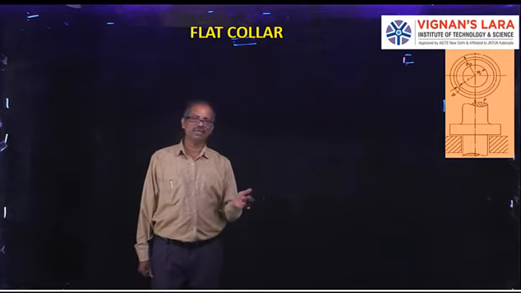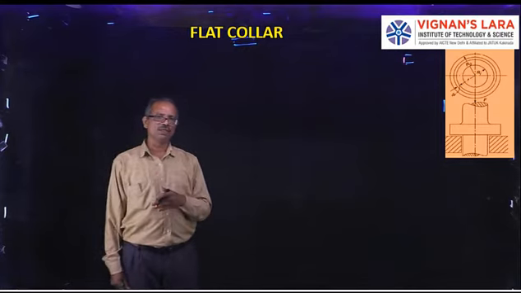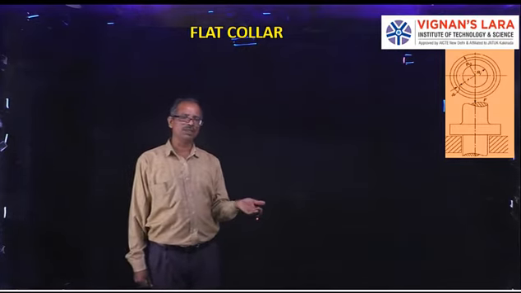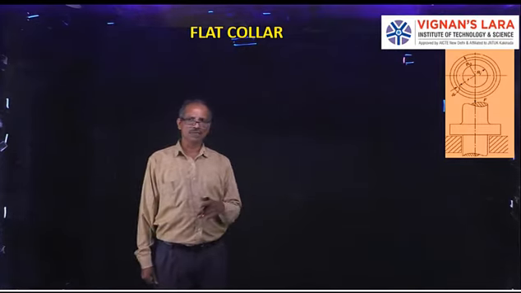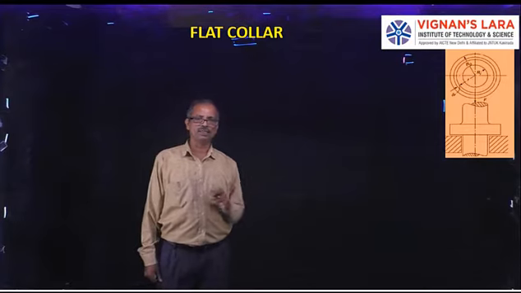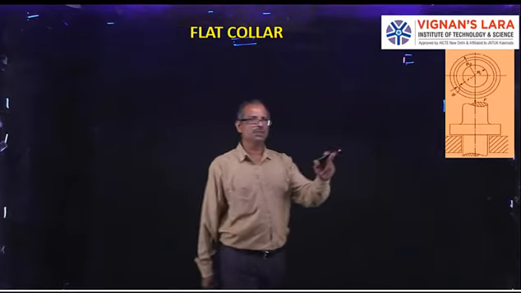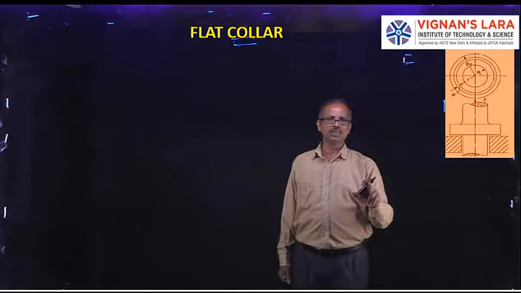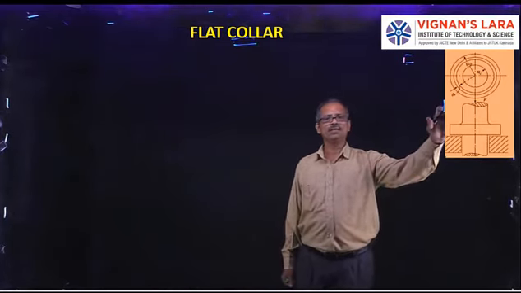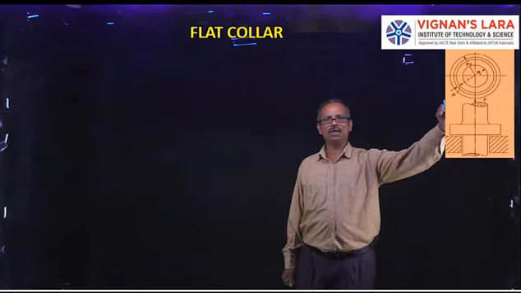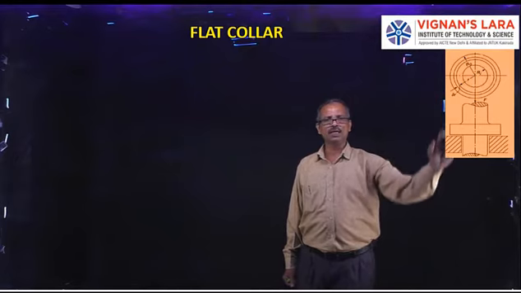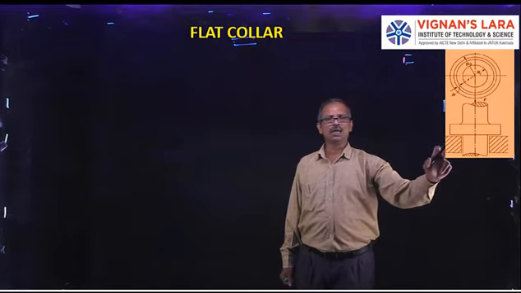I will say where we use uniform wear theory and where we use uniform pressure theory, in the case of clutches and in the case of bearings. Let us take a flat collar. The diagram shows a flat collar, where the top view is circular, and the corresponding front view has a step.